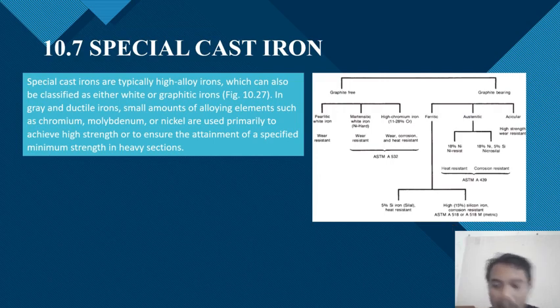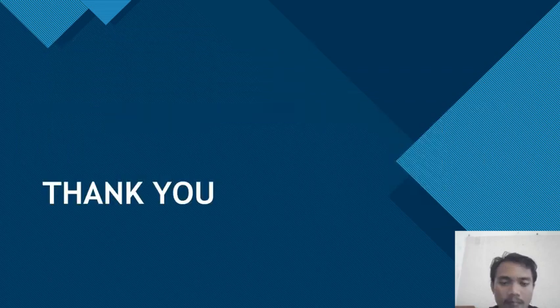In gray and ductile iron, small amounts of alloying elements such as chromium, molybdenum, or nickel are used primarily to achieve high strength or to ensure the attainment of a specified minimum strength in heavy sections.